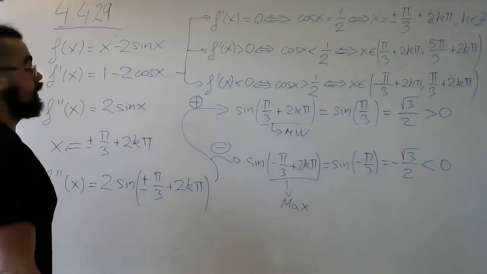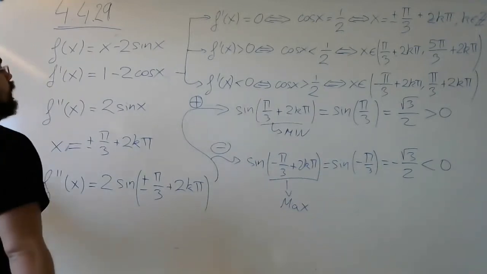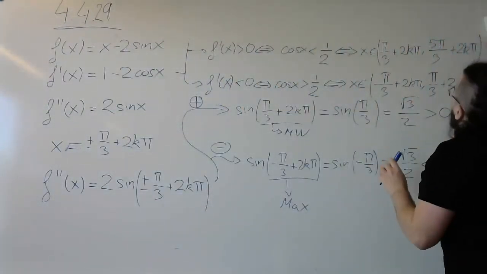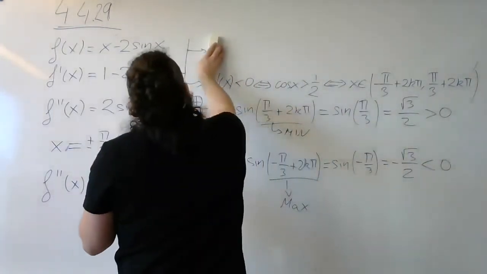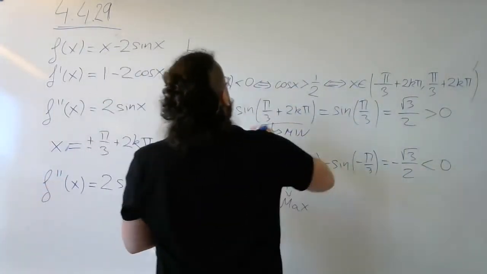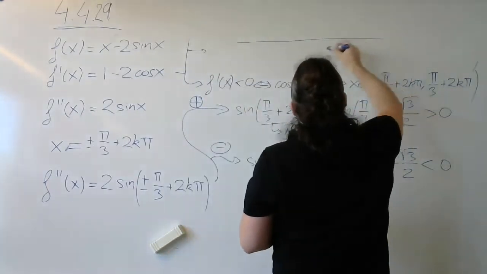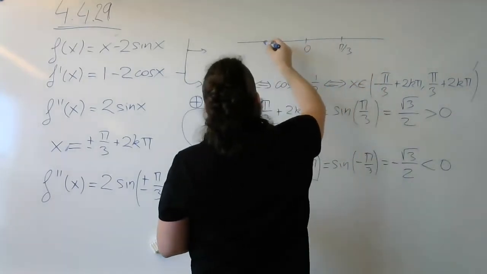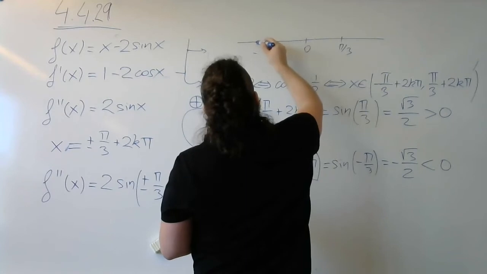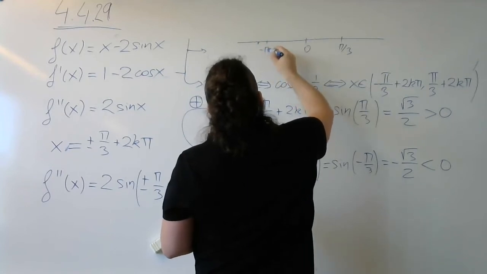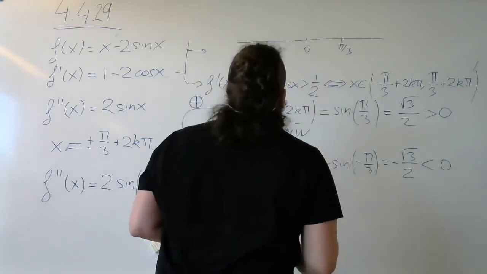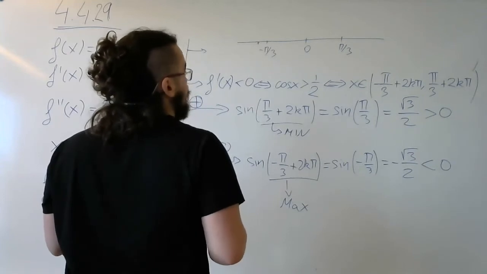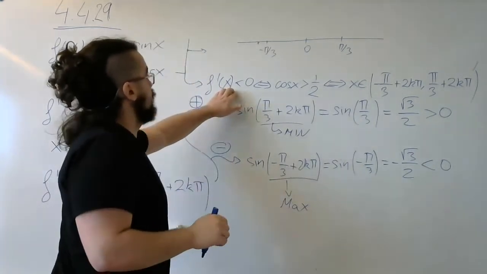Now, let's sketch the function. I'm going to delete this part over here. So between minus pi thirds and pi thirds, we know that this function decreases.